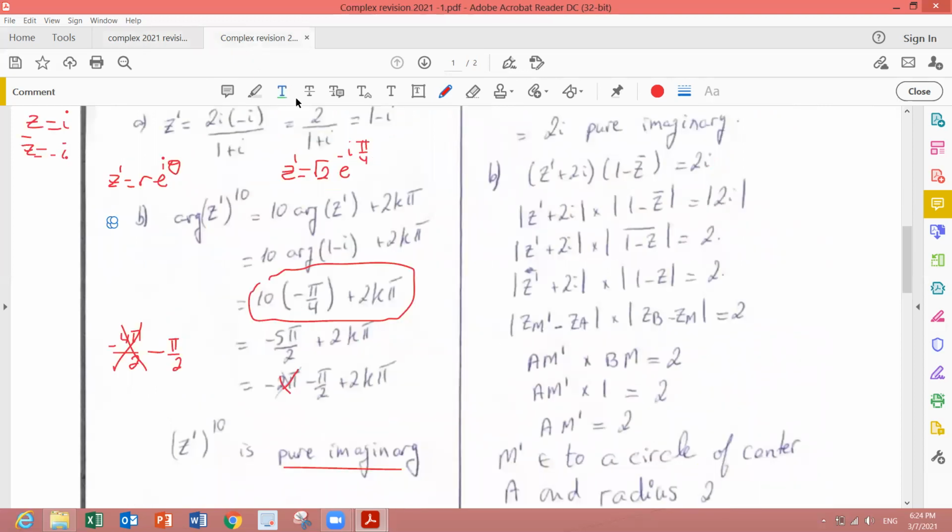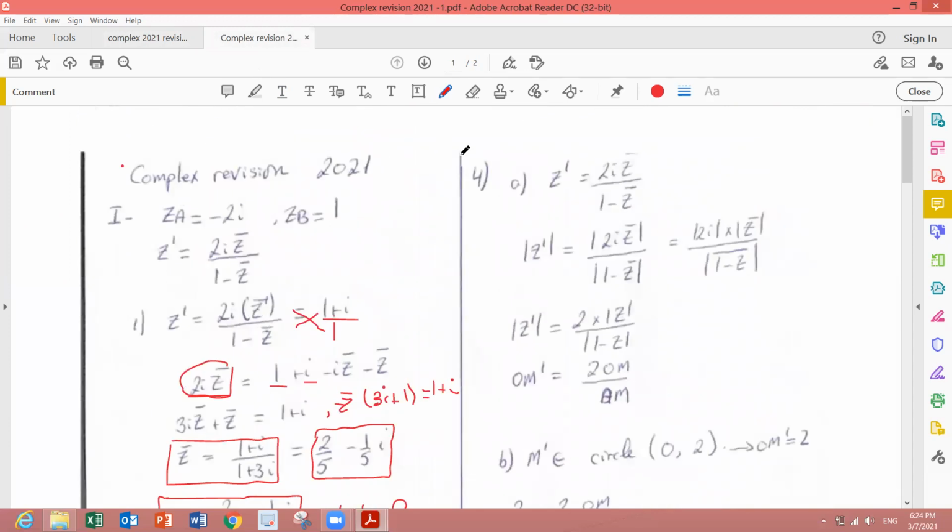So here in this exercise, we have part 4, z prime equals 2i z bar over 1 minus z bar. So modulus of z prime equals modulus of the numerator, 2i z bar, over modulus of 1 minus z bar. Now here the numerator is a product, so I can put modulus of 2i times modulus of z bar.